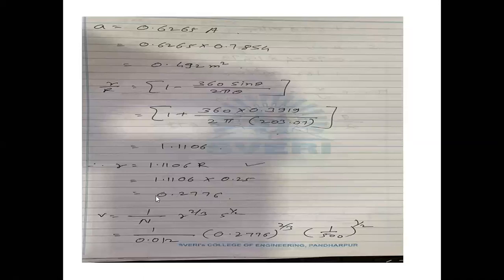Is this value matching with my value? Is your value matching with my value? R is equal to 0.2776. Reply, please. It seems that you have not solved this problem and you may be copying from my board. Is it the same value?